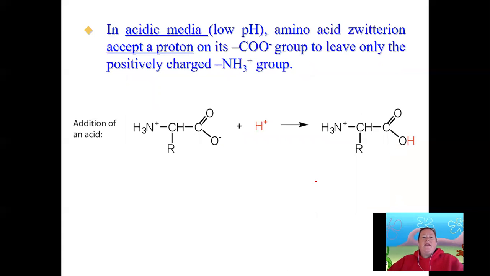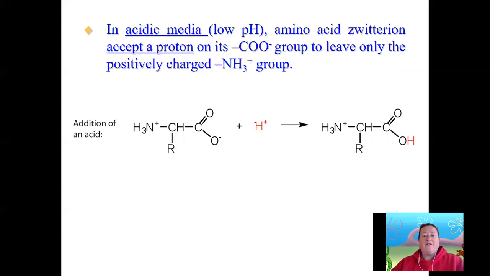So if we take an amino acid in its zwitterion form and put it into an acidic environment, it is going to pick up protons. Remember, in that acidic environment, we have lots of protons or hydrogen ions floating around. That is one of the classifications of an acidic environment: hydrogen ions in solution are greater than hydroxide ions.